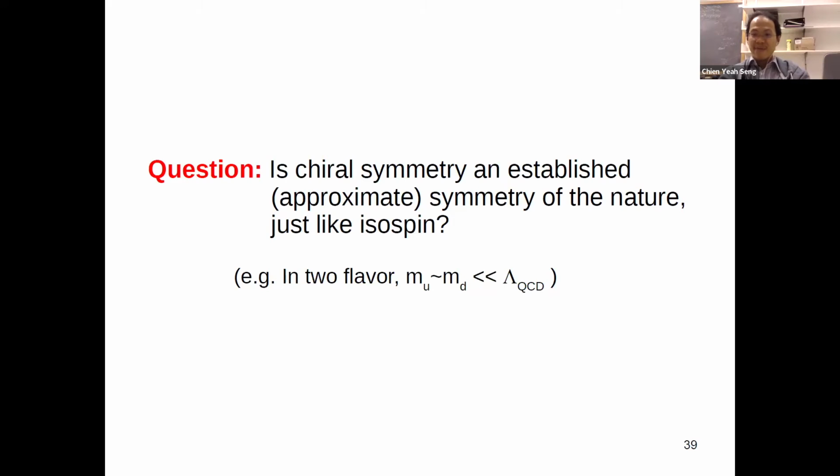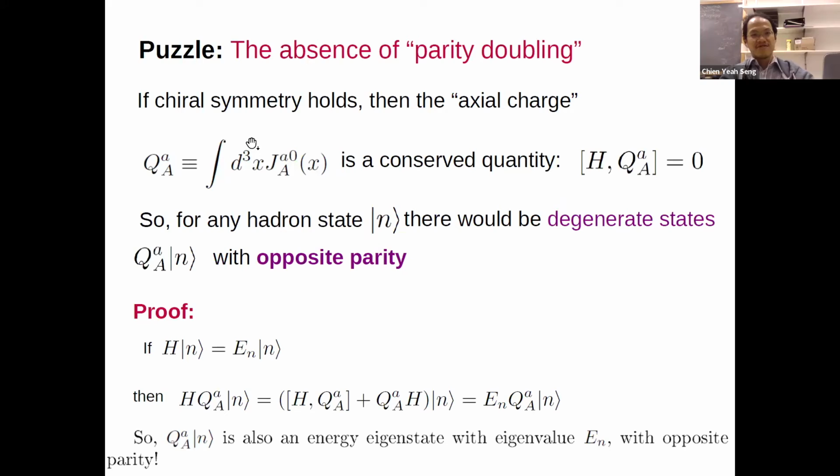We may suspect that it may be true because the up quark and down quark masses, as we mentioned, are much smaller than lambda QCD. So we might take them as 0. But if we assume chiral symmetry is there in nature, there are some puzzles that are very challenging to explain. One of the puzzles is the so-called absence of parity doubling.